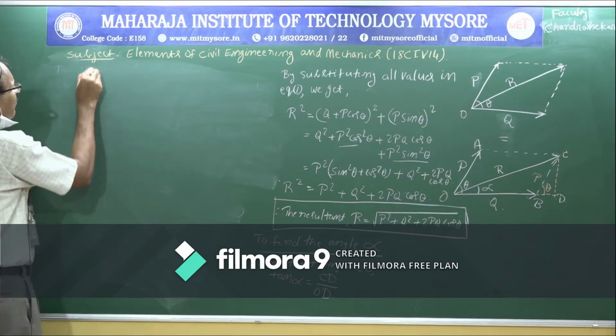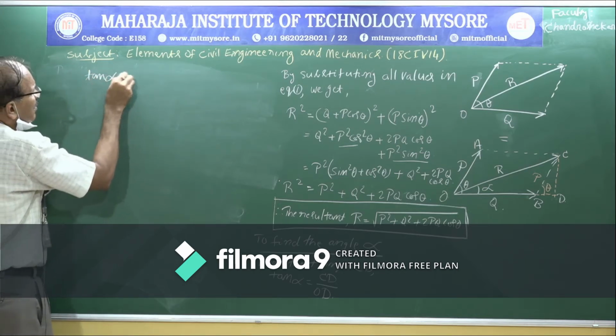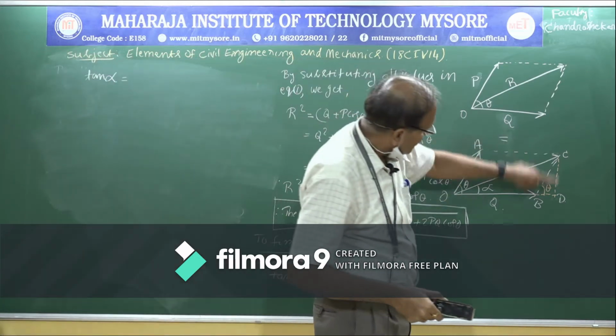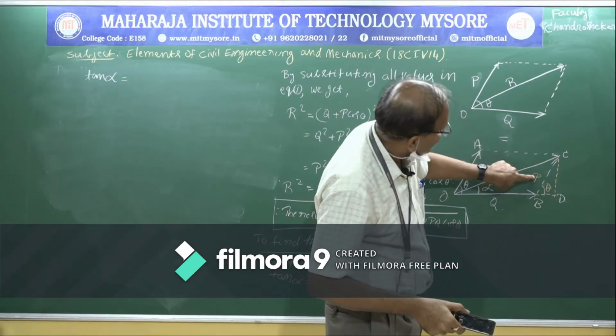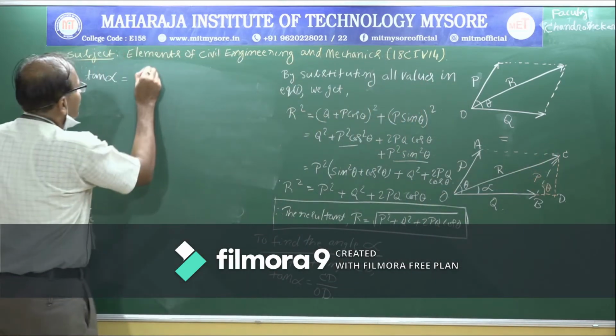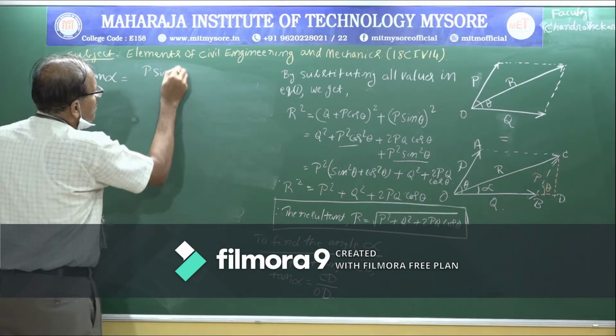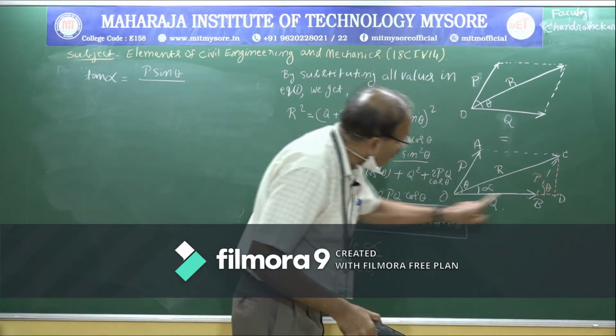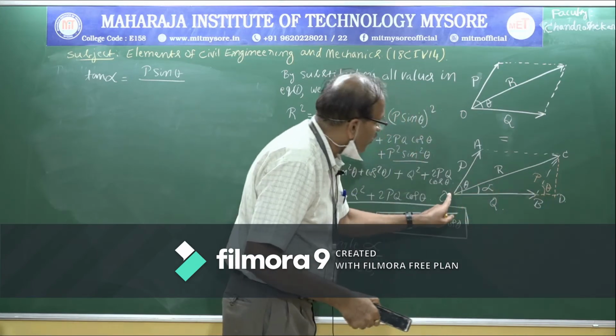That is tan alpha equal to CD. What is CD? This is P sin theta, divided by OD, which is OB plus BD. So what is OB?